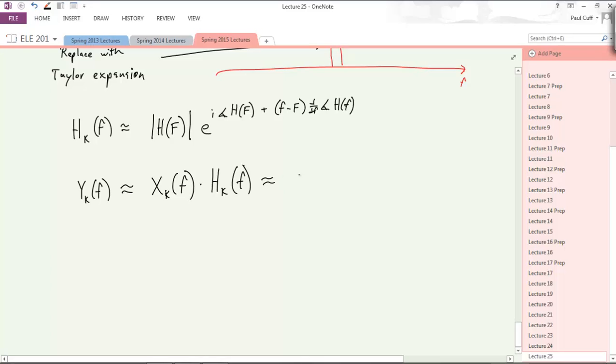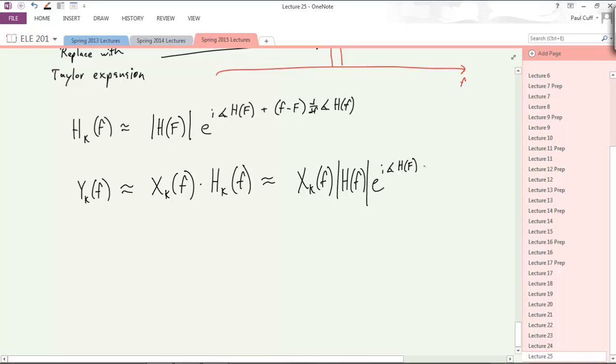So that's going to be X_k of F, and now we have H of F. I'm going to separate this exponent into two parts: the magnitude of H of F, and the phase of H of F.